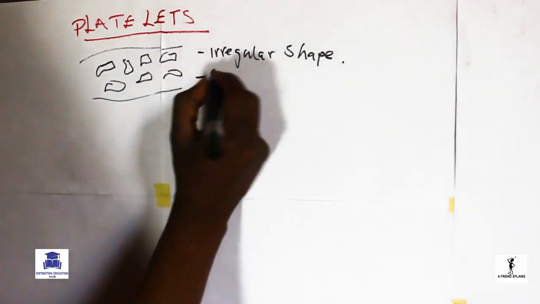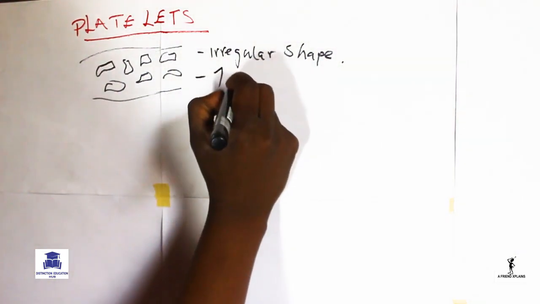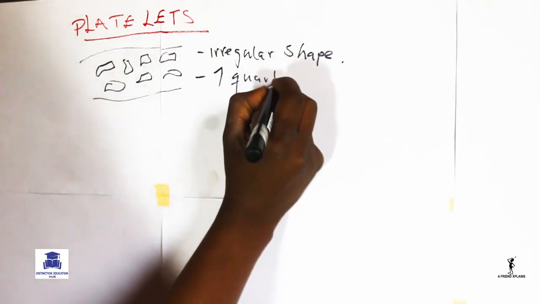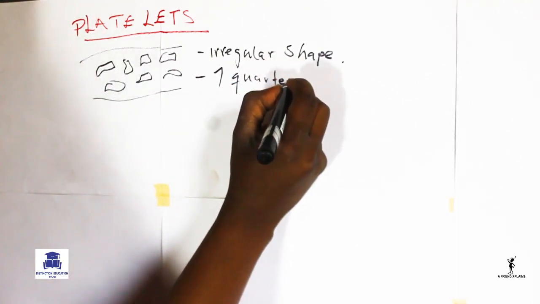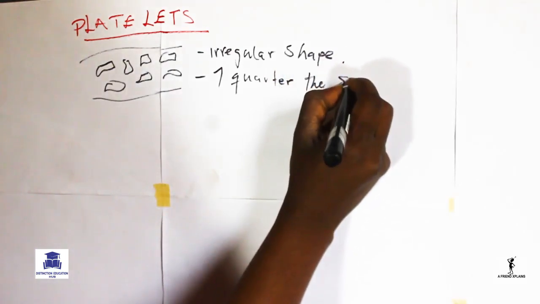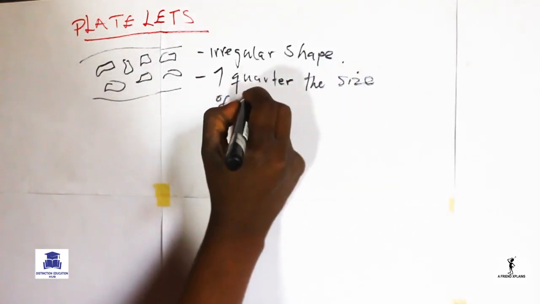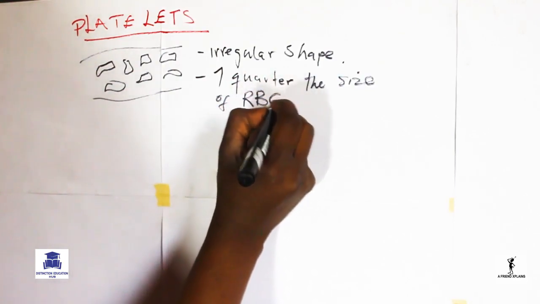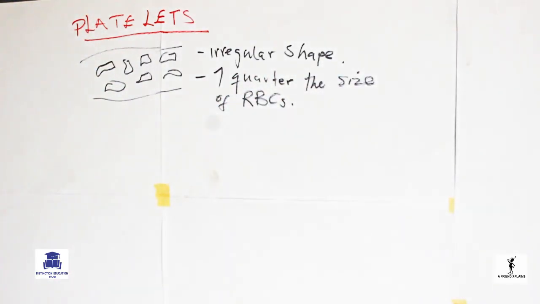And in terms of size, they are about 1/4 the size of RBCs, right?